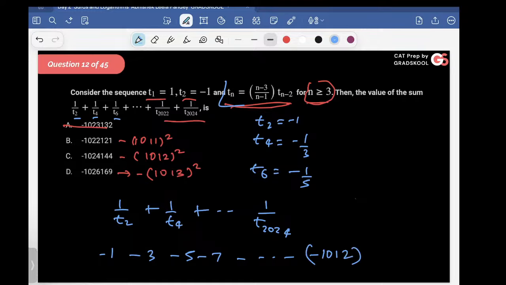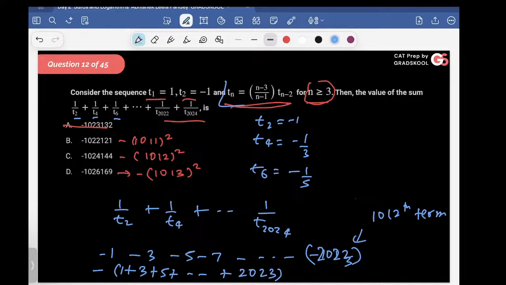How do I know कि मुझे 1012th टर्म तक मिलेगा? मतलब 2023 तक मिलेगा. This will be the 1012th term, right? Is that clear? So minus 1, minus 3, minus 5, all the odd numbers. Basically, if I take minus common, I'll get 1 plus 3 plus 5 till 2023.